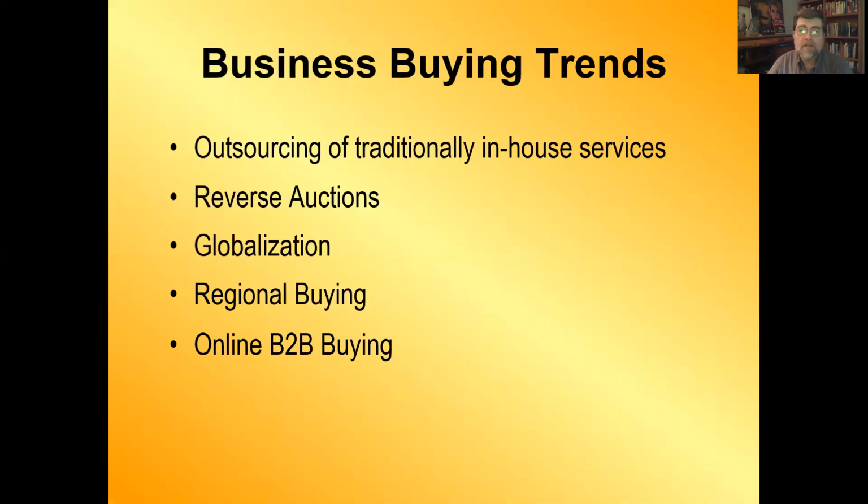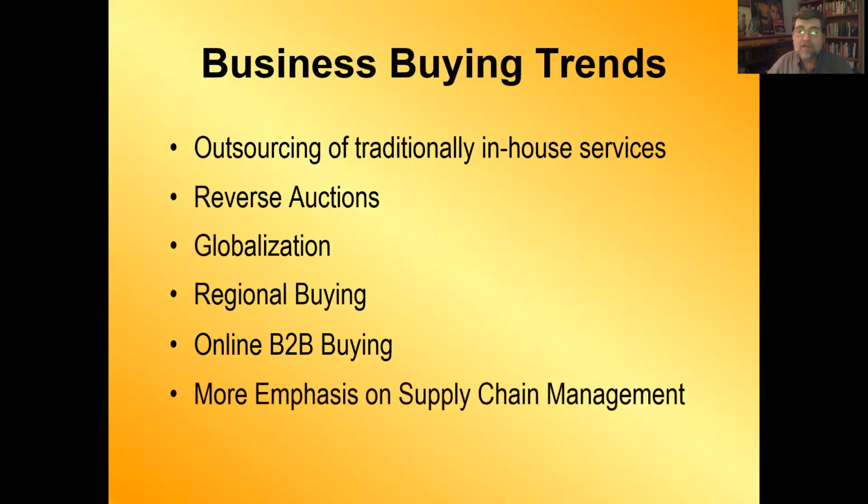I'll just do it online. And that was actually one of General Electric's early epiphanies. They realized they weren't going to be able to sell a lot of stuff to consumers online, but they could buy from their vendors online, and that there was a real savings there. And generally, more emphasis on supply chain management.